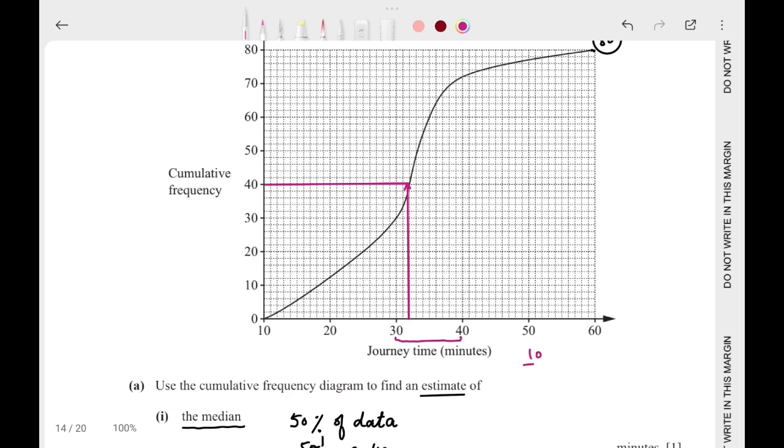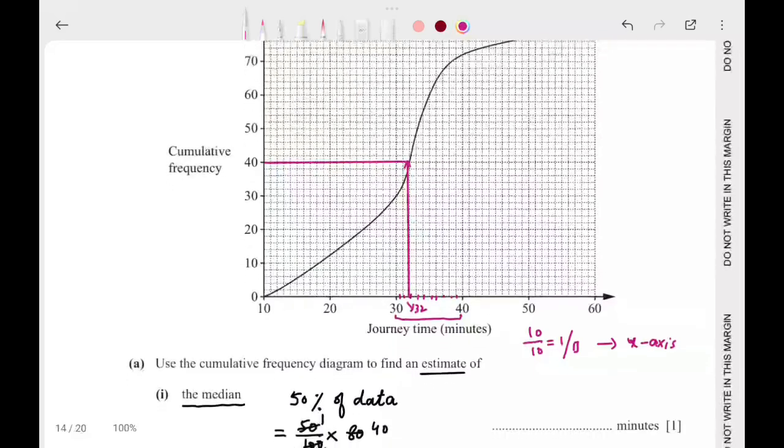So 10 divided by the number of boxes, 1, 2, 3, 4, 5, 6, 7, 8, 9, 10. So 1 means 1 unit for one box on the x-axis. Okay. So it would be 31 and 32. So 32 would be your final answer of median.